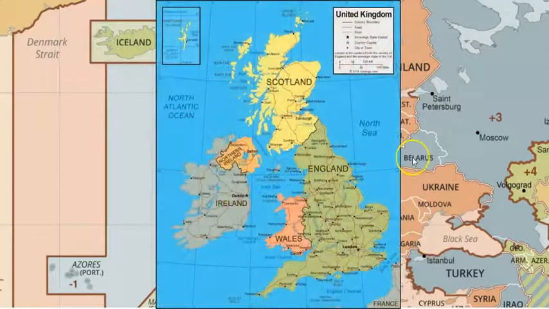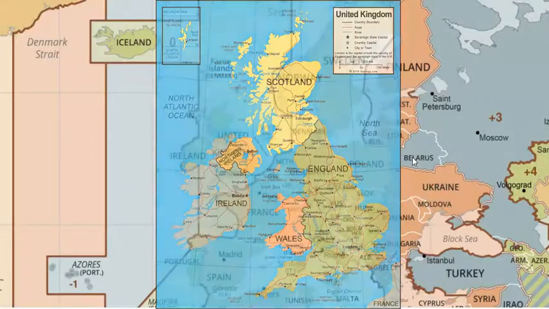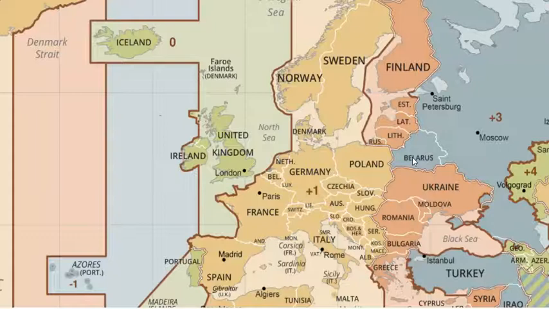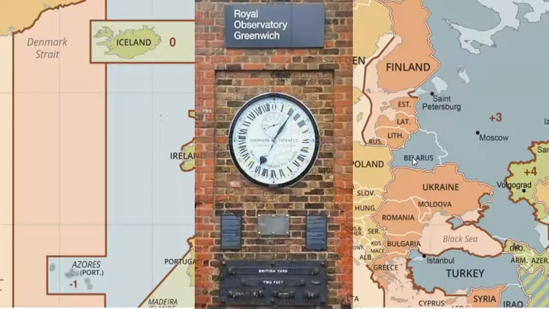And I'll put up a map of the United Kingdom right now so you can have a look at this. This is the United Kingdom, also known as the UK. So the UK is said to have been the place of where time was first invented. It's the central point of where time was used, which is a bit confusing, but I guess we all have to have some type of central point of some sort.